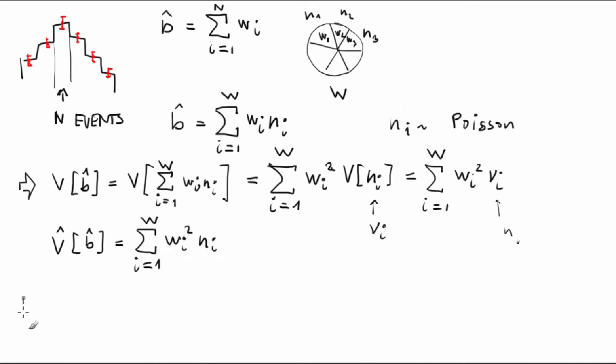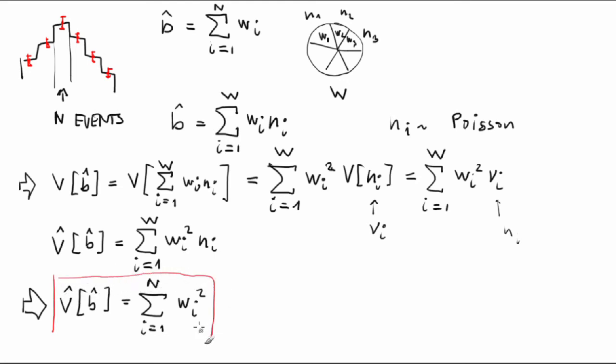As a final step, we can write the estimator with the use of the individual events. The estimator of the variance of B hat equals the sum for i going from 1 to n of w_i squared. A simple estimator of the standard deviation is, certainly, the square root of the variance. More often, we are interested in the so-called relative uncertainty, which is the standard deviation divided by the bin content.